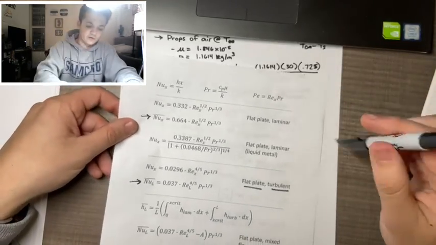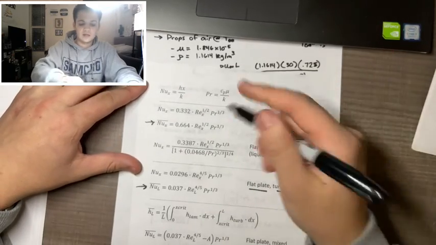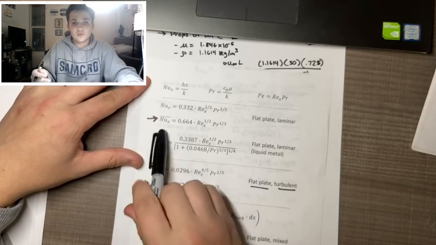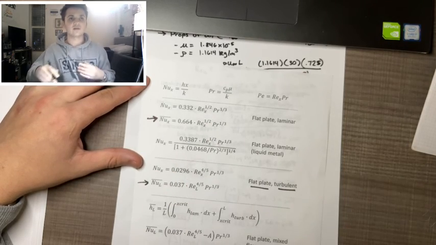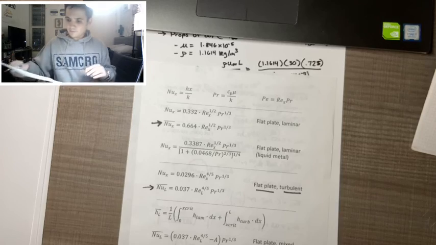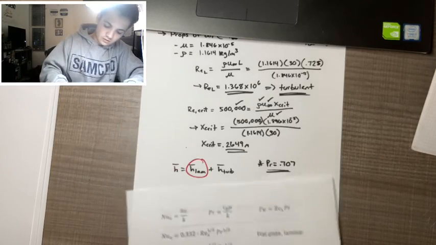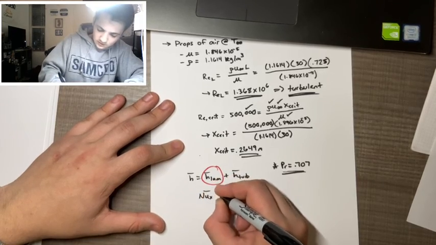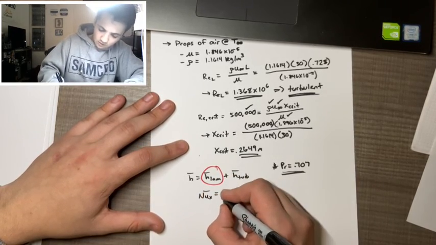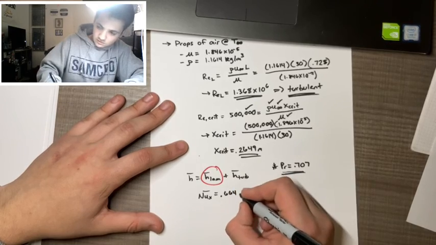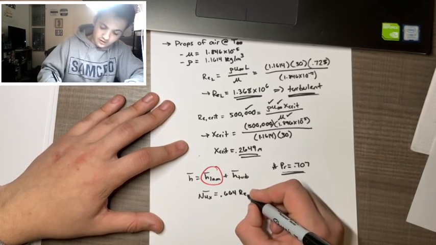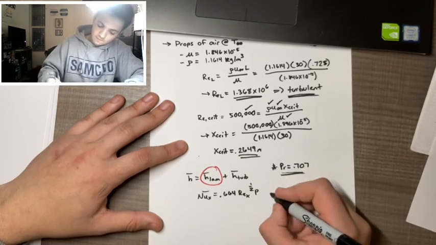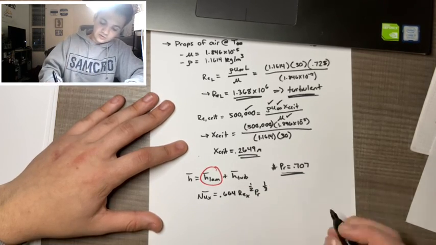So now we have everything we need to plug into the Nusselt number equation. We're going to look at the Nusselt number for flat plate laminar, which I've marked over here. We want the average Nusselt number across this distance x, which gets us h bar, the average convective heat transfer coefficient over this distance x. So Nu x bar is equal to 0.664 Re x to the 1/2, where Re x is our Re critical, Pr to the 1/3.